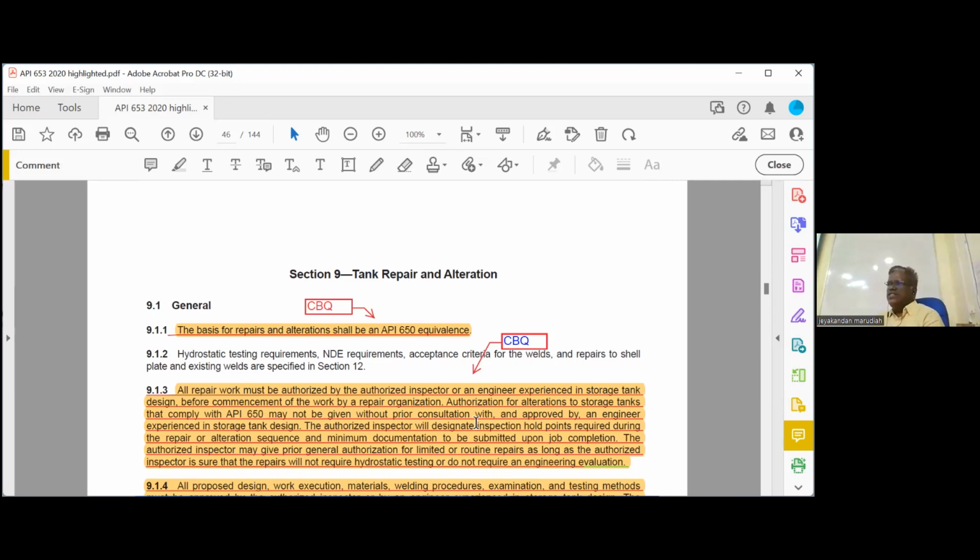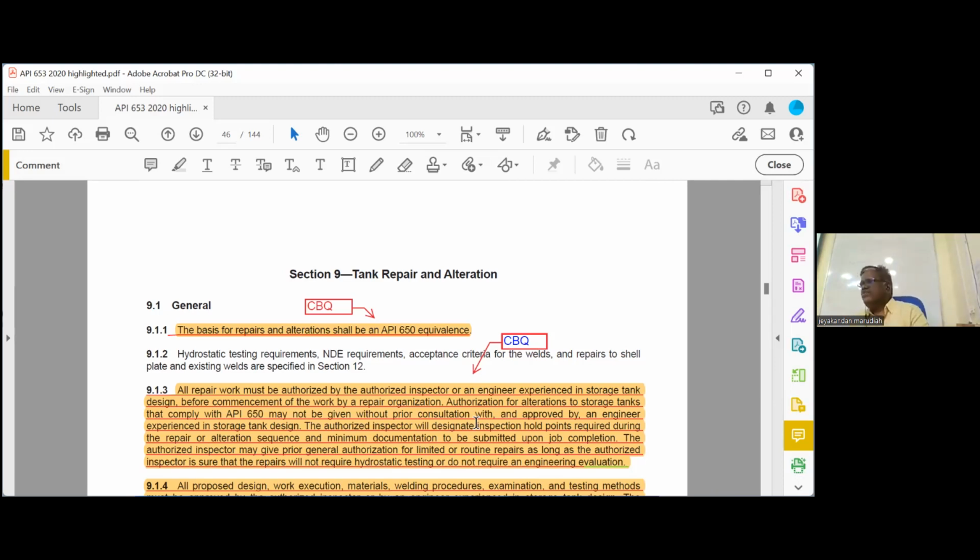Because shell generally has butt joints, in shell repair, flush patch is allowed, fillet patch is also allowed. Both are considered permanent repairs. If you go to the bottom, generally they will go only for fillet patch because bottoms are lap welds. No need for the flush patch.